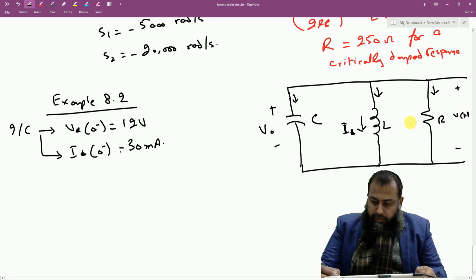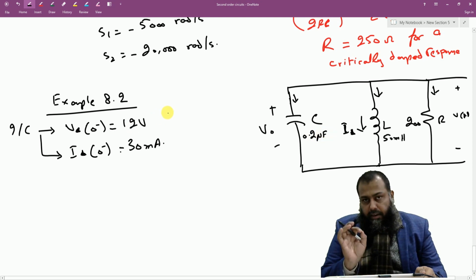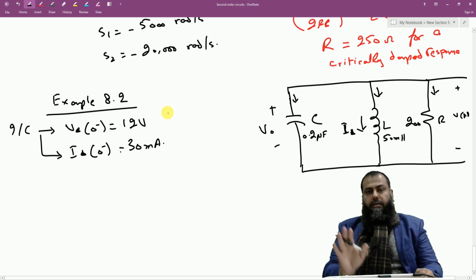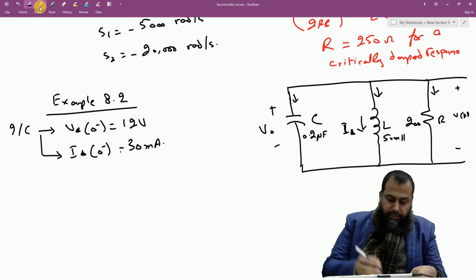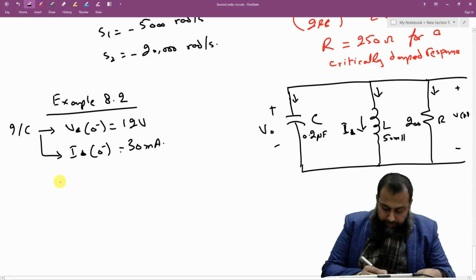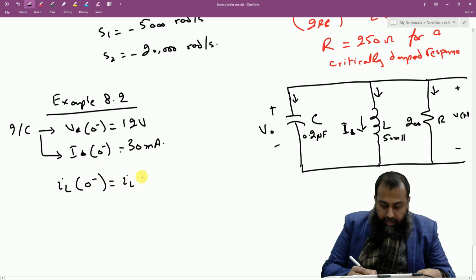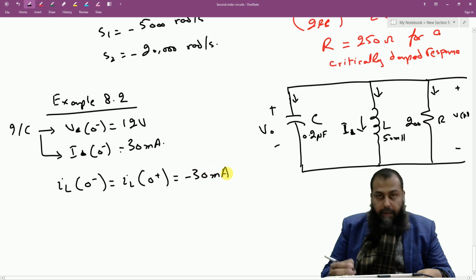Now R is equal to 200 ohm, inductance is equal to 50 millihenry, and this capacitance is 0.2 microfarad. These initial conditions are very important to start with the solution of this numerical. So using these essential initial conditions, we know that IL 0 negative is equal to IL 0 positive, and that is equal to minus 30 milliampere.